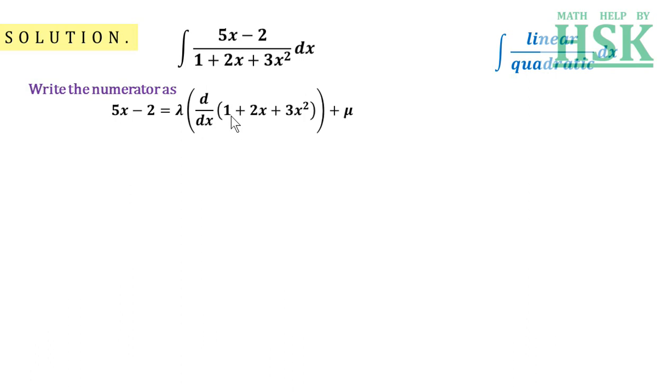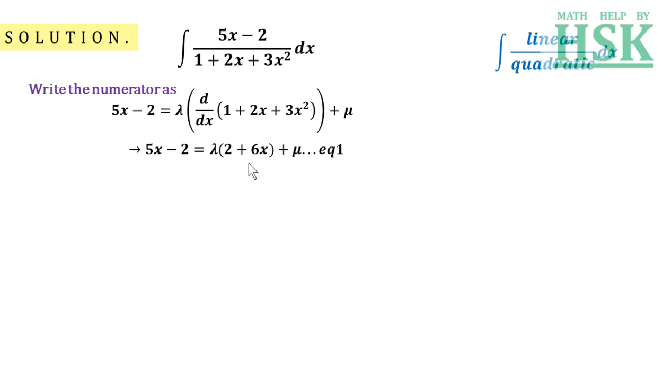On differentiating 1 plus 2x plus 3x square, we get 5x minus 2 as equal to, differentiation of 2x is 2, and of 1 is 0, so we are not going to consider it, as it is equal to 0. And 3x square on differentiation gives me 6x. So I get 5x minus 2 is equal to lambda times (2 plus 6x) plus mu. I mark this as equation number 1.